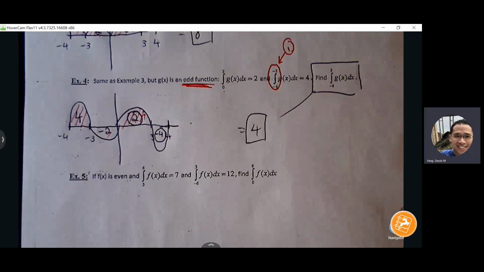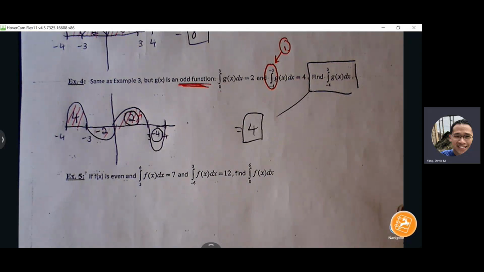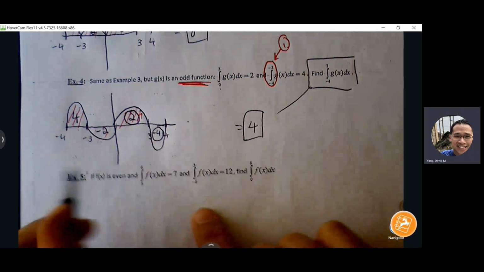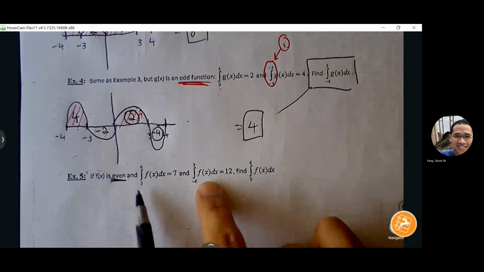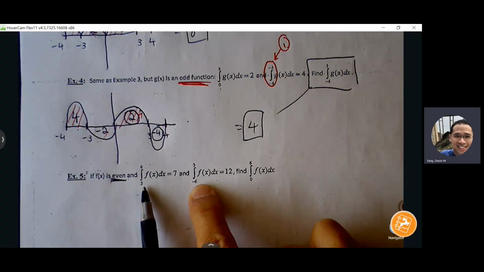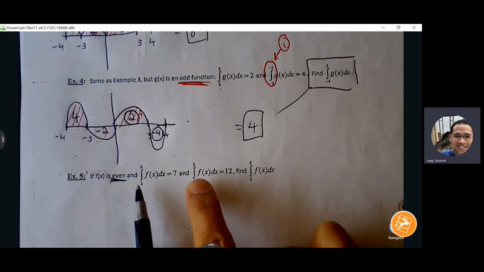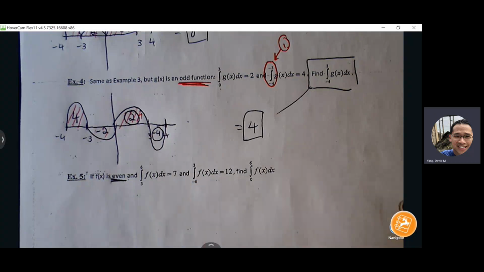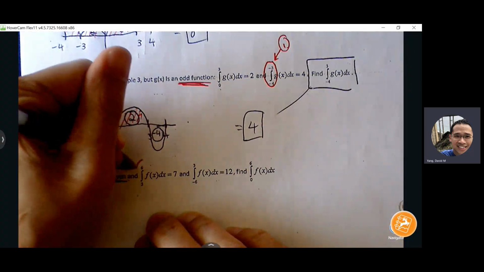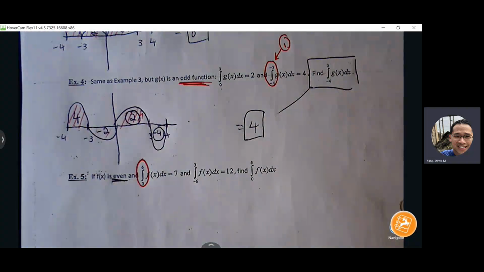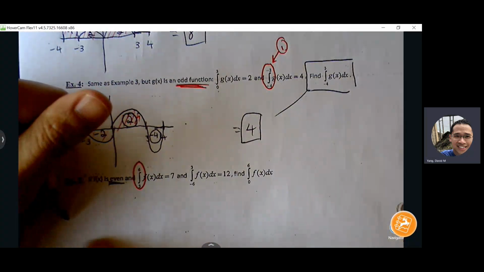Okay, let me see if I can squeeze this in. This is the one that is a little more involved here. Even function. 3 to 6, and from -6 to 3, which is the shorter interval? 3 to 6. So this is the one where we really need to follow this method that I outlined.